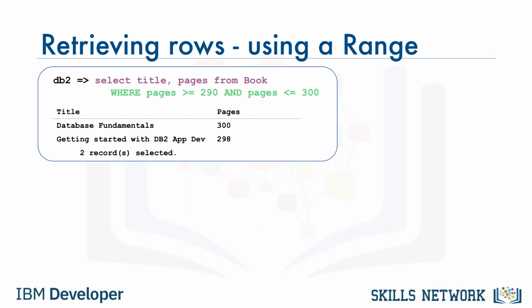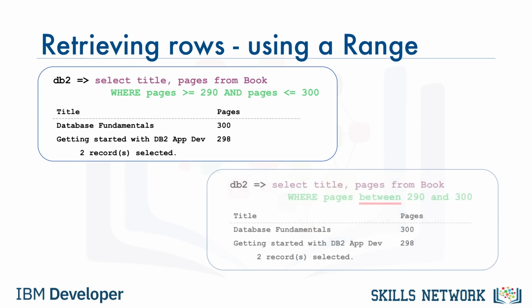Instead of using the comparison operators greater than or equal to, we use the comparison operator between and. Between and compares 2 values. The values in the range are inclusive. In this case, we rewrite the query to specify the where clause as where pages between 290 and 300. The result set is the same, but the select statement is easier and quicker to write.